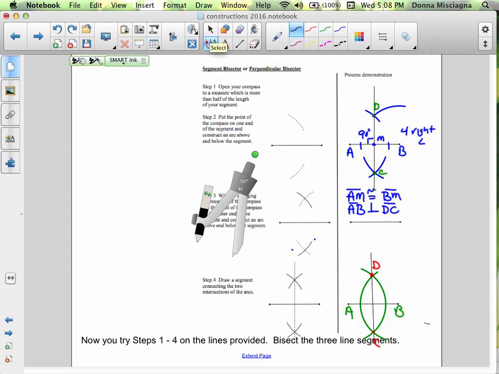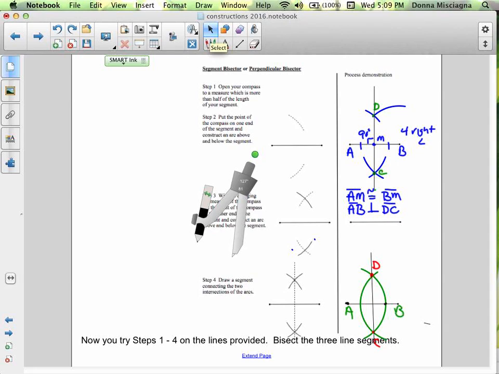So I put my compass here on point A, and I drew the arc. If I finish it would be a whole circle. And it intersects right there. So that point right there is on the circle.